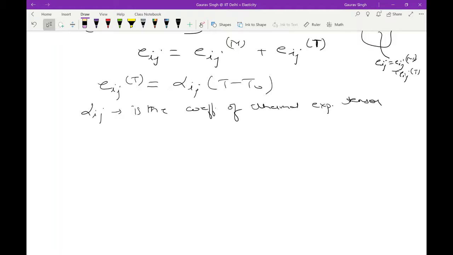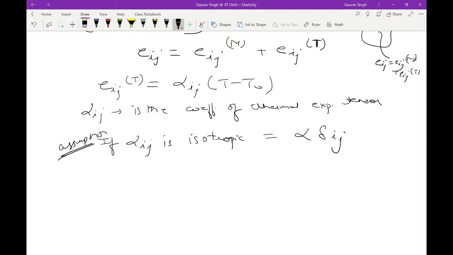And we have already seen that if alpha ij is isotropic, it must have the form alpha delta ij. We have done this question and proof with us. It's isotropic because under any general transformation, it will retain its same form. So if alpha ij is isotropic, that's our assumption.